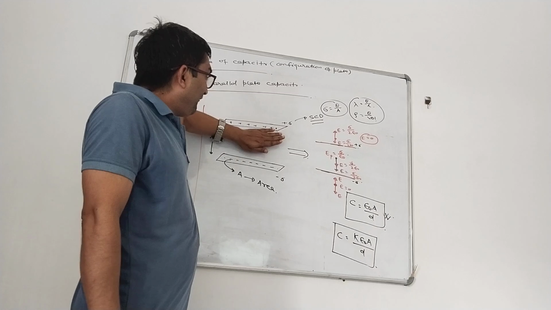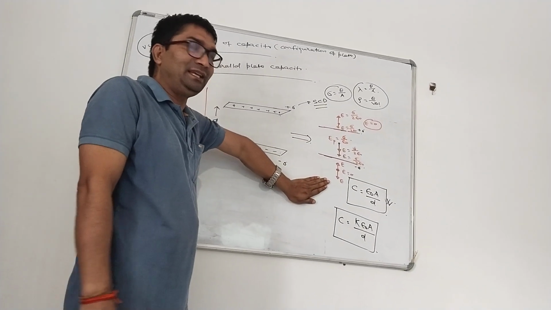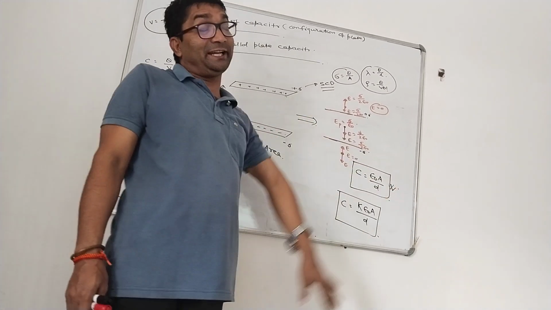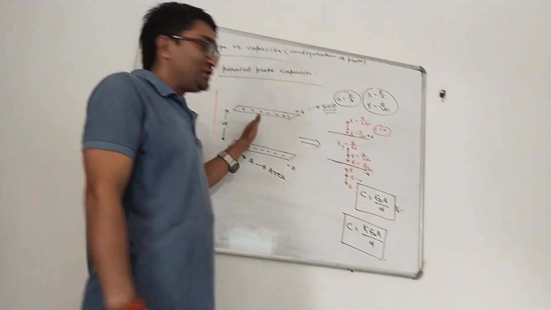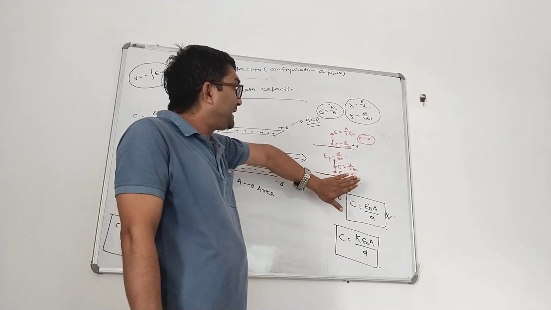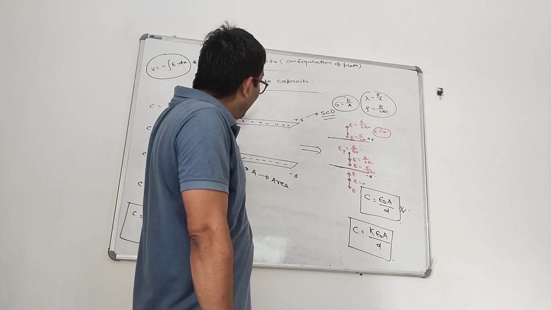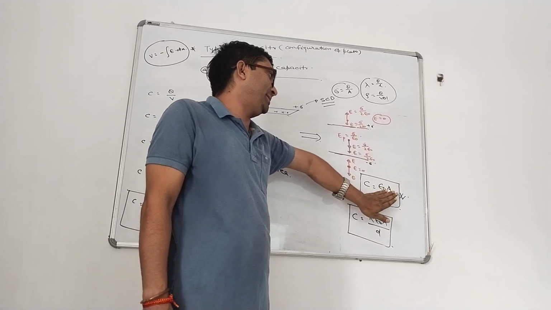Every type of capacitor has a different capacity value, and we can derive these, but initially I will write only their capacity. So everyone keep in mind one thing. First, in a parallel plate capacitor, capacity becomes what? Epsilon naught A upon D.